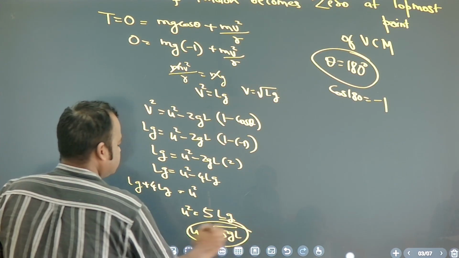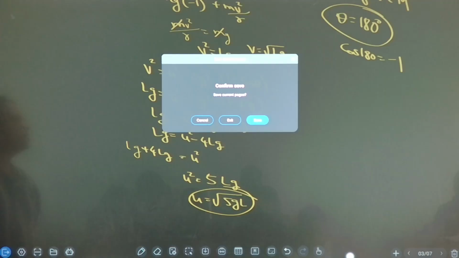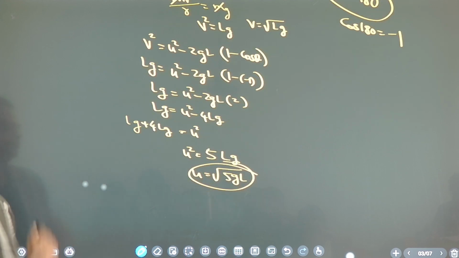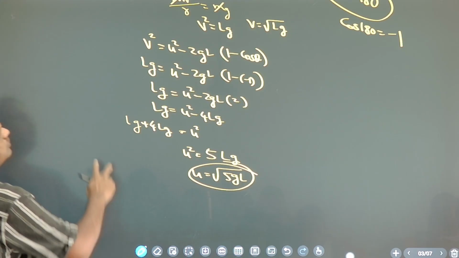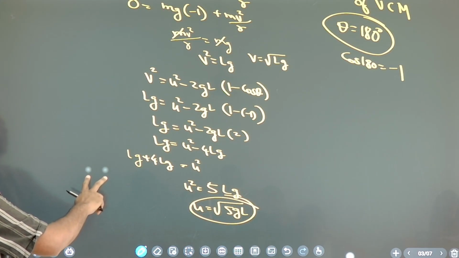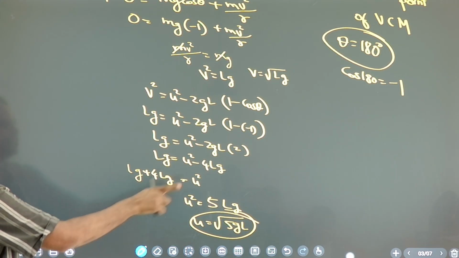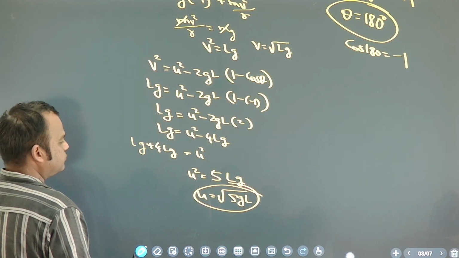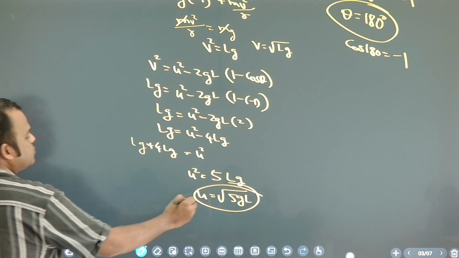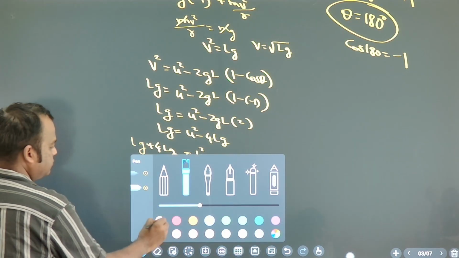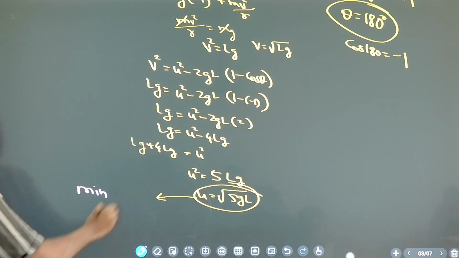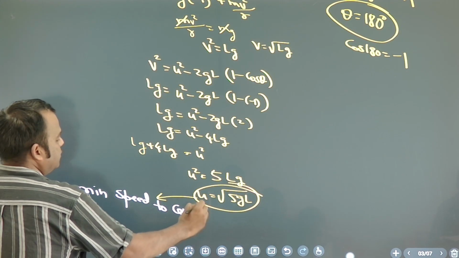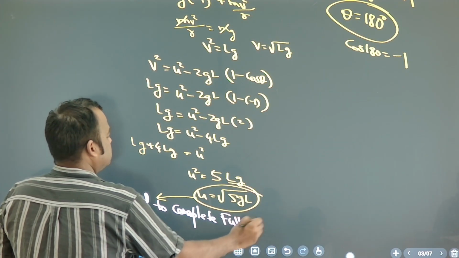So finish this topic. This is known as vertical circular motion. Only two formula: tension formula and the velocity formula. This is also minimum speed to complete full circle.